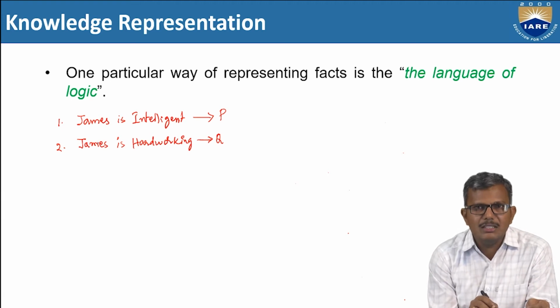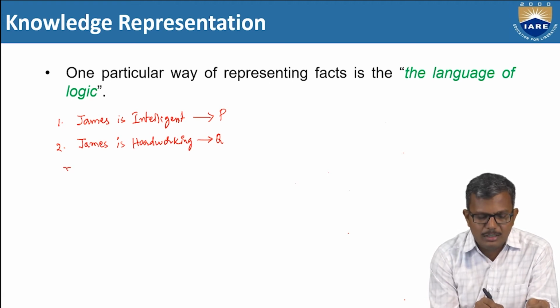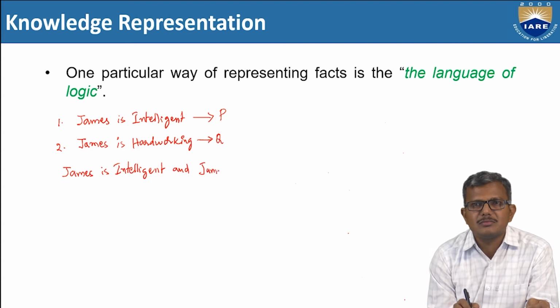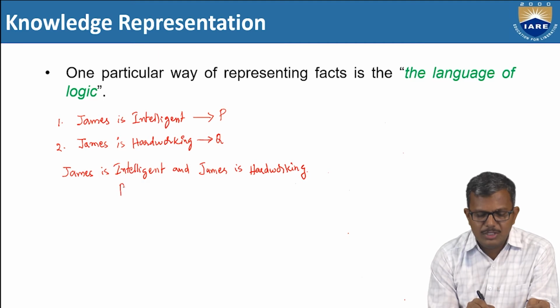So if I add these two sentences, how can I do it? Here I am saying James is intelligent, and at the same time, James is hardworking. How can we represent this with variables?